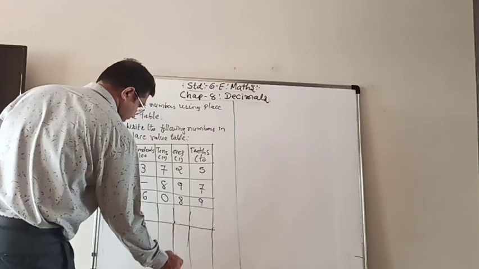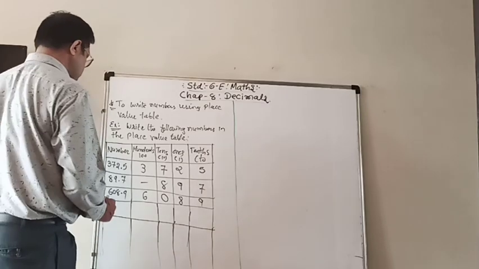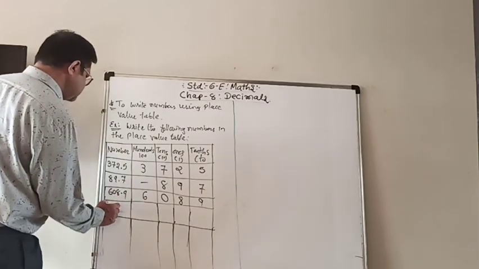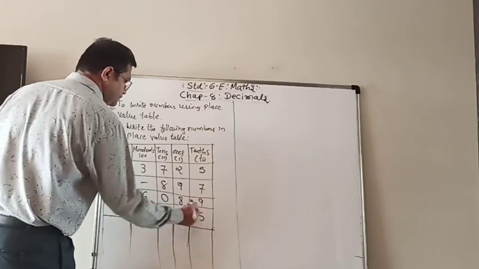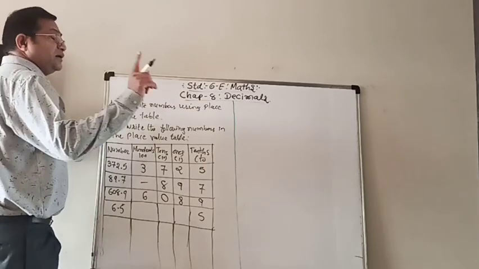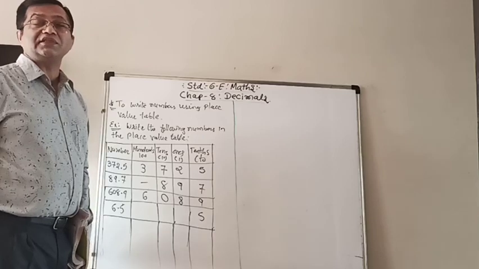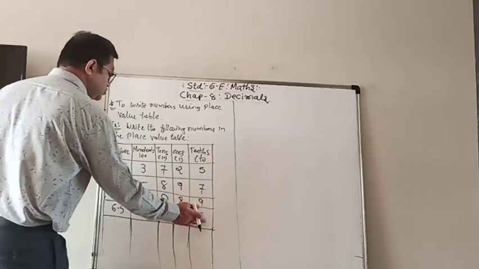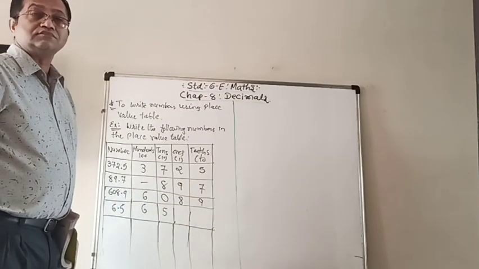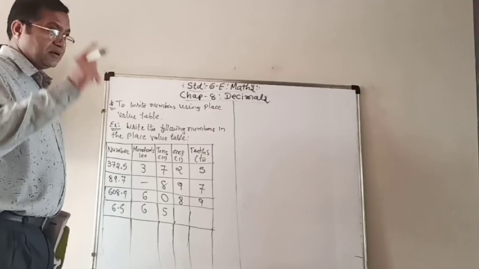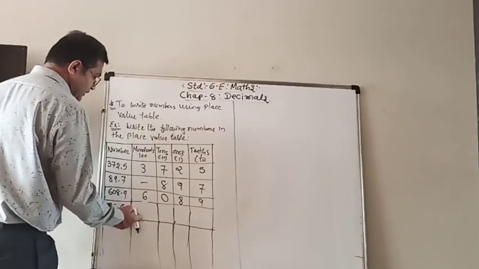Let's take some other examples also. 6.5. Here 5 will come in the tenths place. Remember, try to write from right to left only, otherwise you will make a mistake. You might just put 6 and 5, but make a habit of writing in reverse, from right to left.